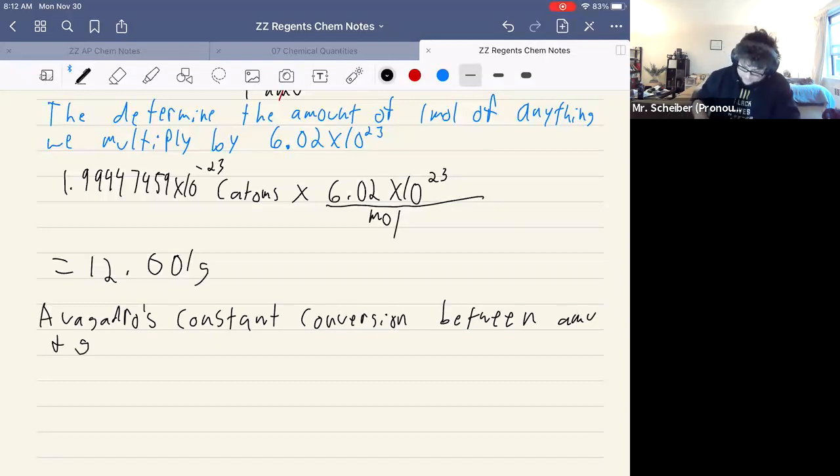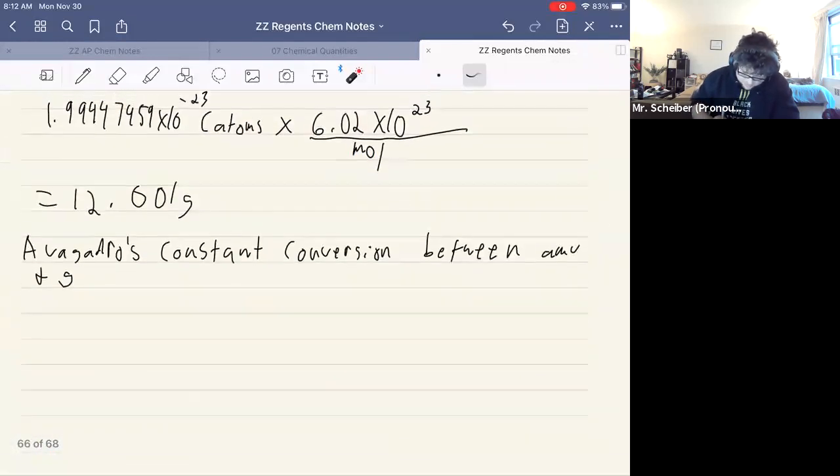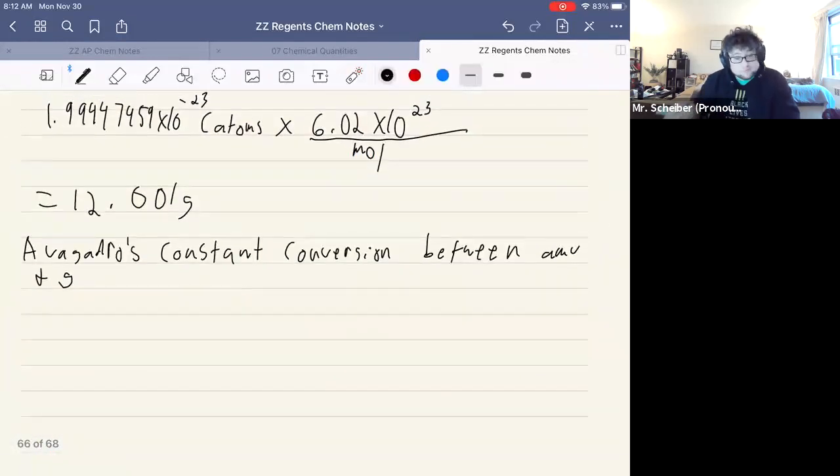And the cool thing is that we know that the upper right-hand corner is going to be the mass, right? The mass is actually two different things. It's both of them.